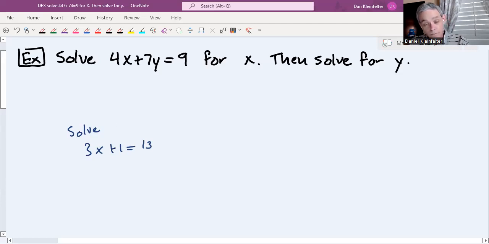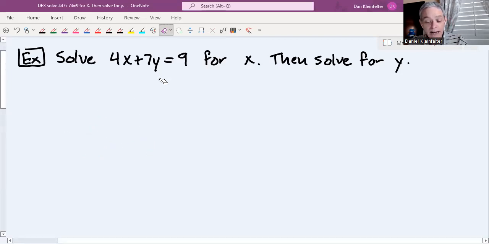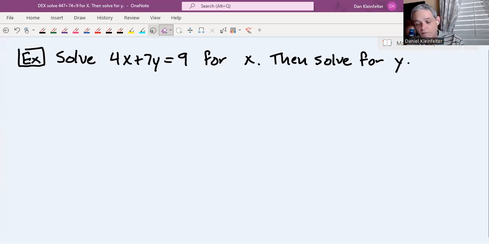So it wasn't necessary to say solve for x, although we could have. In problems like we're working on now, we pretty much have to say what variable we're solving for. If I just said solve 4x plus 7y equals 9, you'd have to ask, do you want it solved for x or solved for y? So for this one, we're going to solve it for both.